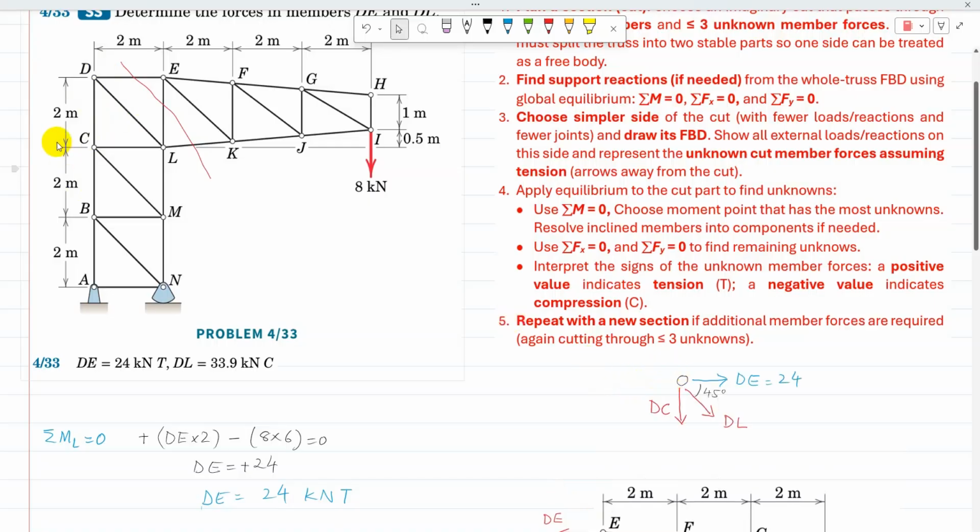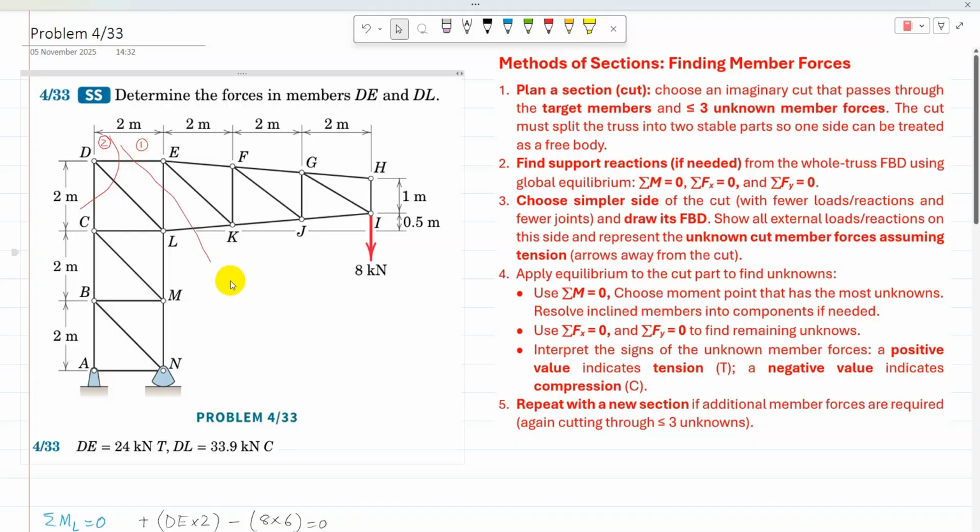So that's the free body diagram of joint D. At joint D, DE is in tension, so that is known, and DL and DC are both unknown, but I need DL. In the triangle DLC, both sides are the same, so the angle of DL with the horizontal is 45 degrees. So I'm going to analyze joint D now.